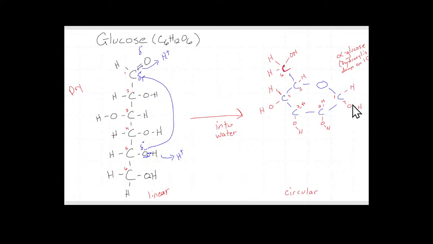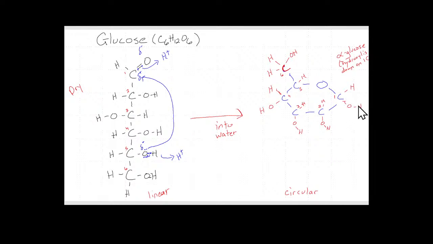Coming back to this point where I had the hydroxyl group pointing down, when it points down, it's called alpha glucose, but it just depends on how this circularization works, on the position of the hydroxyl or the carbonyl group at that time and the hydrogen group at that time, how they were positioned.